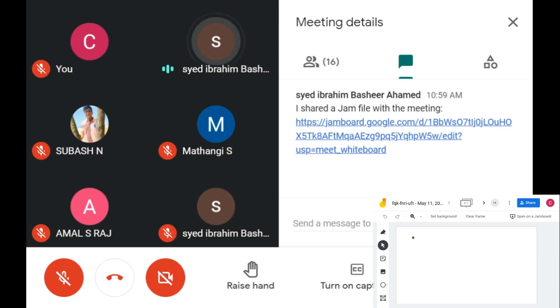Okay, so we'll see about the tertiary structure as well as the quaternary structure. Last class we saw the primary structure as well as the secondary structure, the features of primary as well as secondary structure.